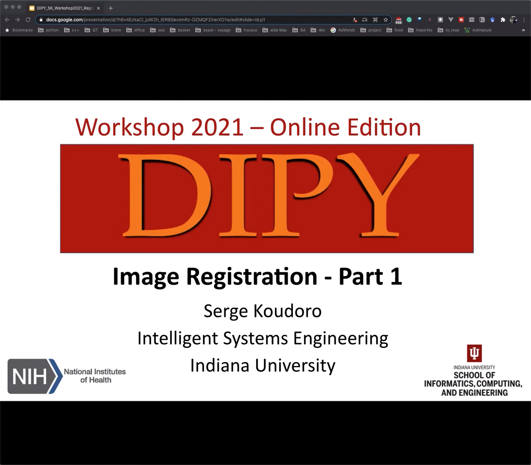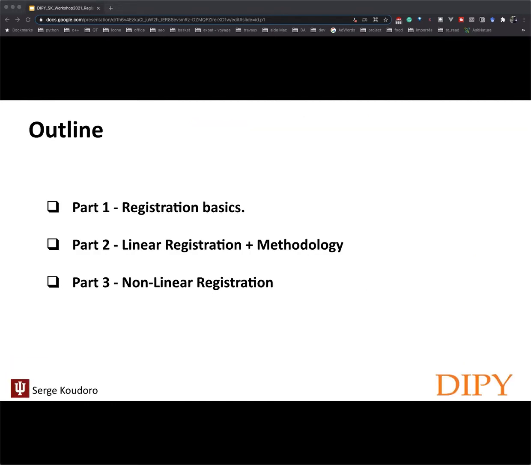This session will be split into 3 parts. Part 1 is registration basics. We will answer the question of why we need the registration step. Answering the why will permit us to understand what image registration finally is. Part 2 is dedicated to image registration methodology and affine registration.